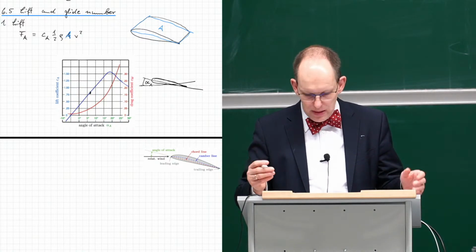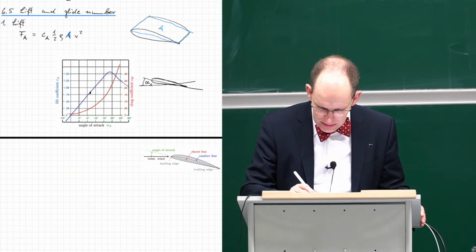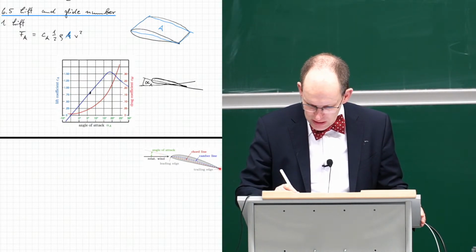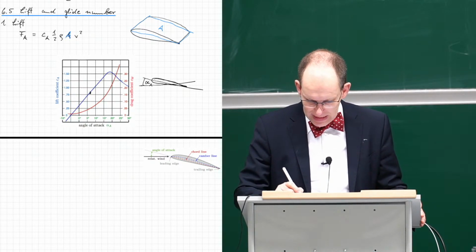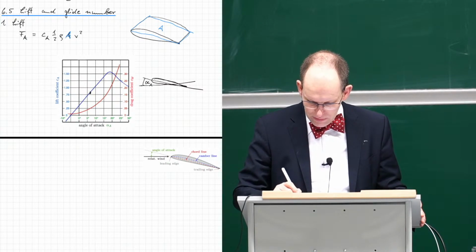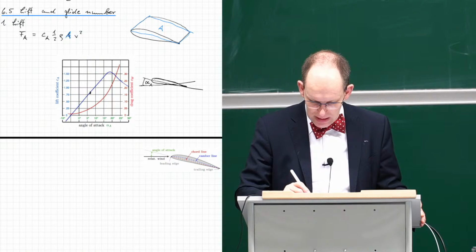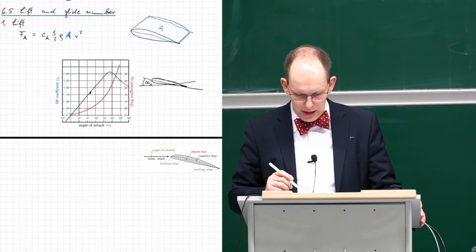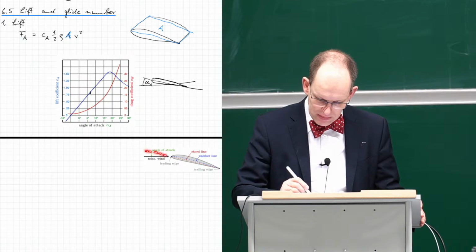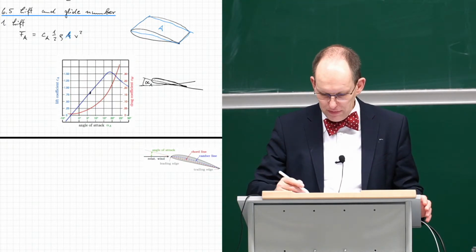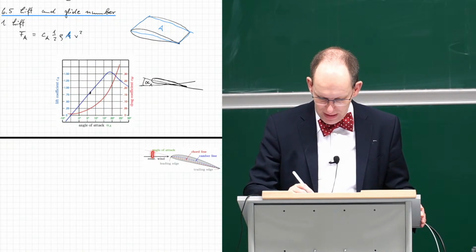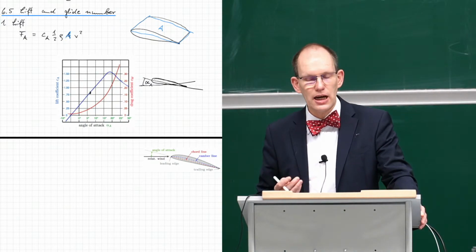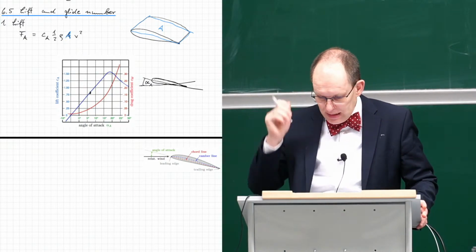There's probably no unique definition, but this dotted line is constructed by taking this point, the trailing edge, which is uniquely defined, and then you take the farthest point from it. This would then be the leading edge. And this line can be defined as the reference line for defining the angle of attack, the Anströmwinkel.